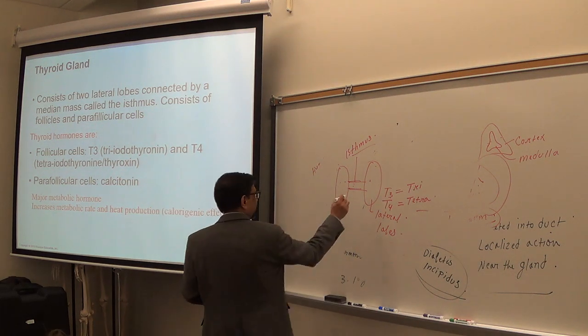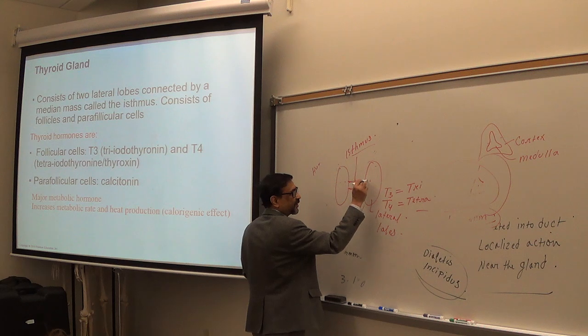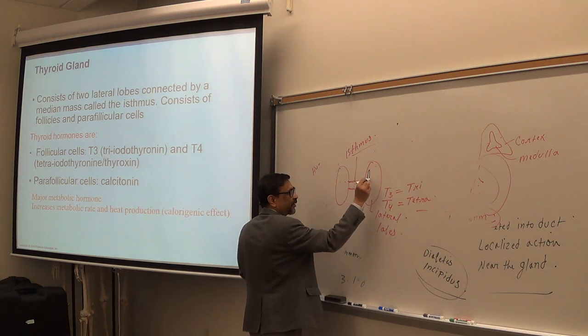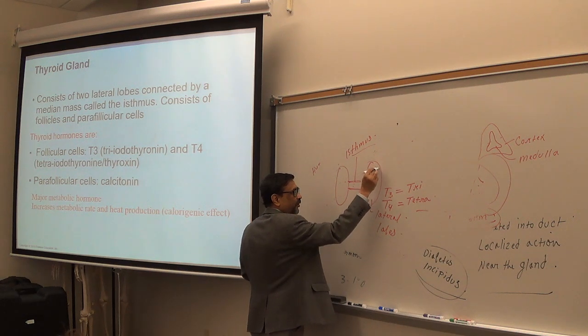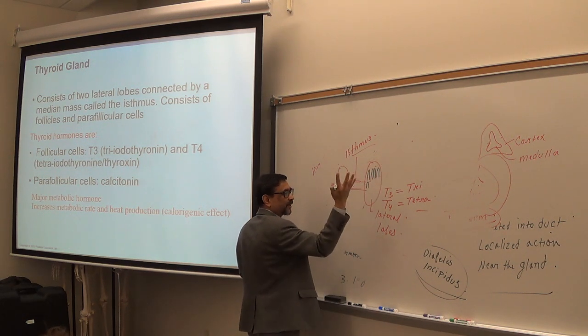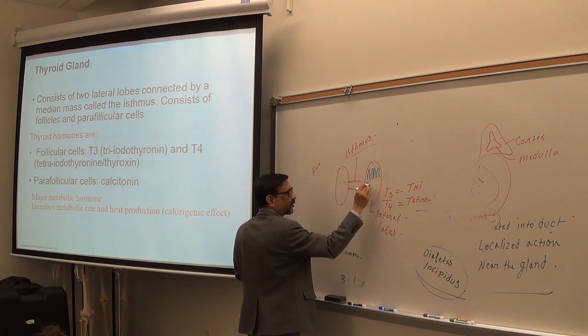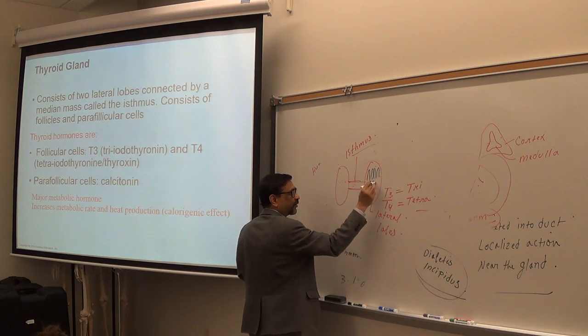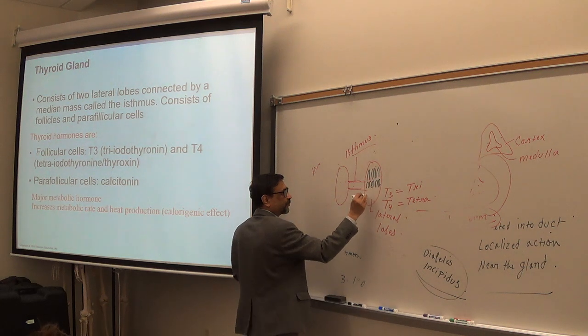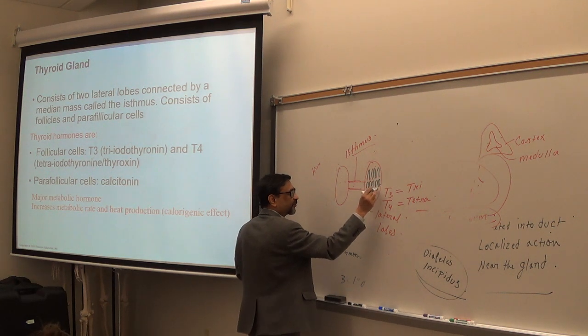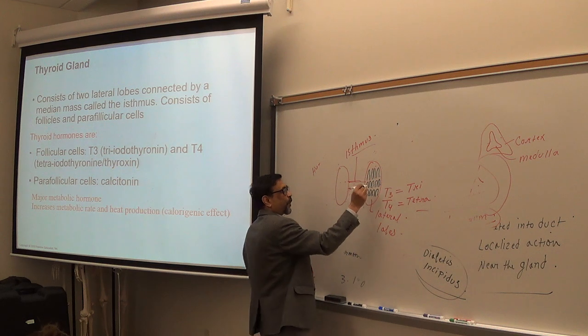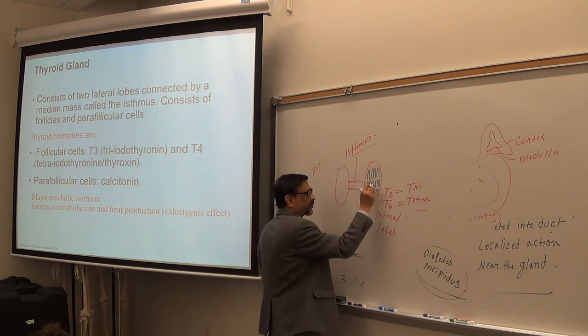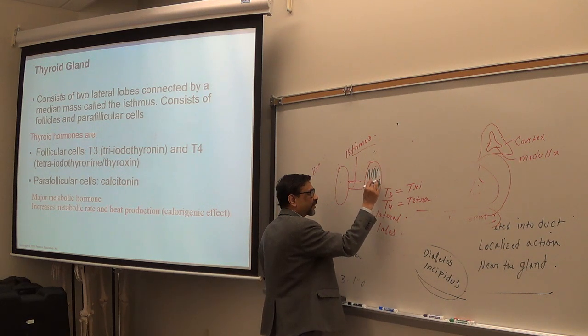Inside the thyroid gland, if you look inside, there are many finger-like structures. Those are called follicles. Look like this. And in the wall of the follicles, you have the cells. These are the follicular cells in the wall of the follicles.